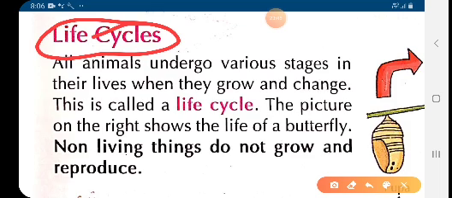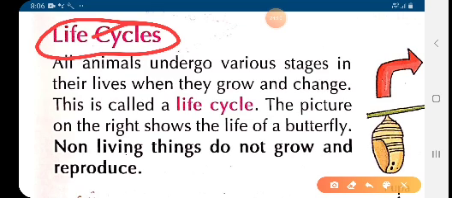They start from one stage and end with the same. But children, in all these life stages, the insects vary from each other. For example, here we can see the life cycle of a butterfly. The picture on the right shows the life cycle of a butterfly.